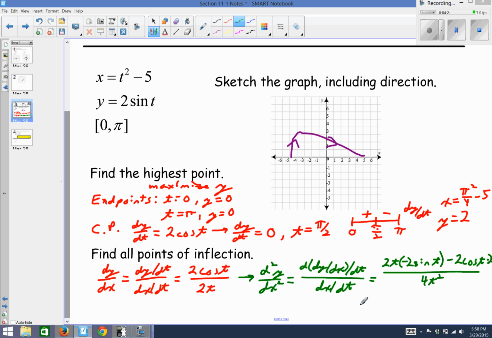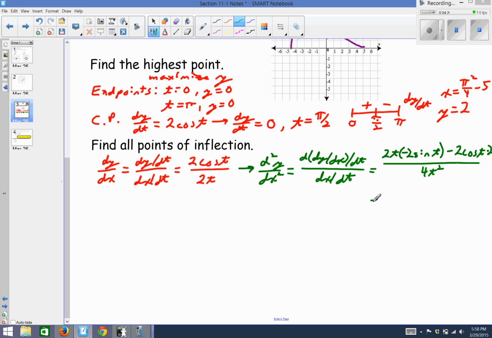And just to make this look a little bit nicer, it would be negative 4t sine t minus 4 cosine t all over 4t squared. And I'm interested to know where this is 0 and where it is undefined. Undefined at 0, which is an endpoint, so that's not going to be a point of inflection.